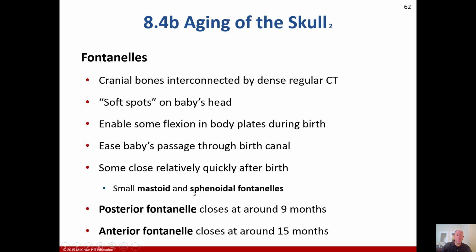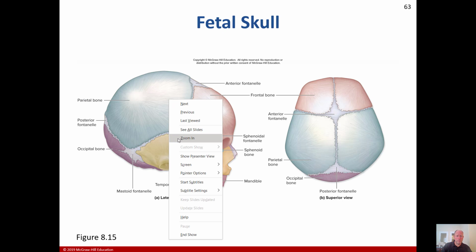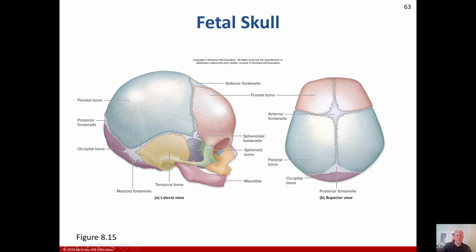There are small mastoid and sphenoidal fontanelles. The posterior fontanelle closes around 9 months, and the anterior fontanelle closes around 15 months. Here's the fetal skull. The anterior fontanelle here, the parietal bone, posterior fontanelle, occipital bone, the mastoid fontanelle, temporal bone, the sphenoidal fontanelle, and the sphenoid bone.